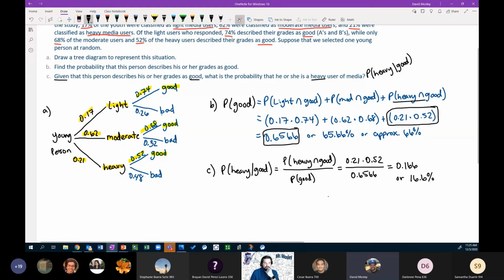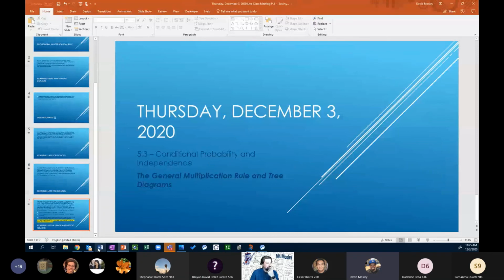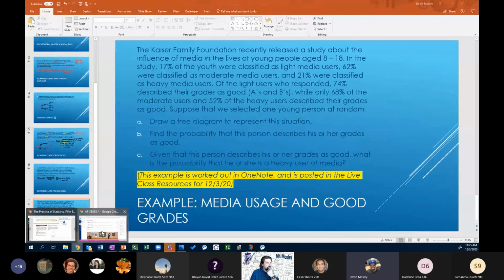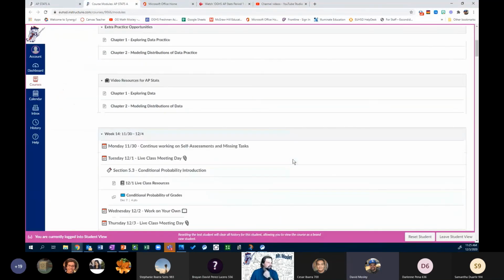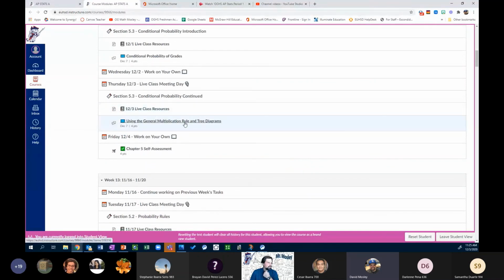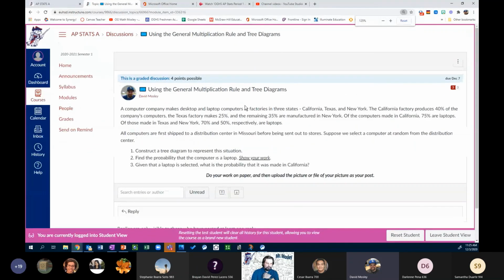All right. So then jump back over here and look at the discussion board real quick for today. This is using the general multiplication rule and tree diagrams. So in this example, or this problem, we have a computer company makes desktop and laptop computers at factories in 3 states, California, Texas, and New York.